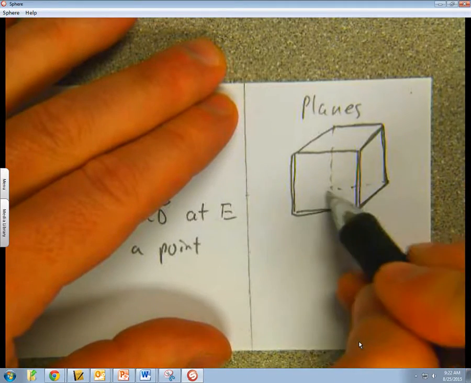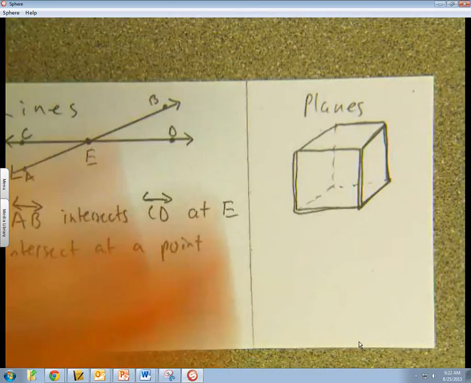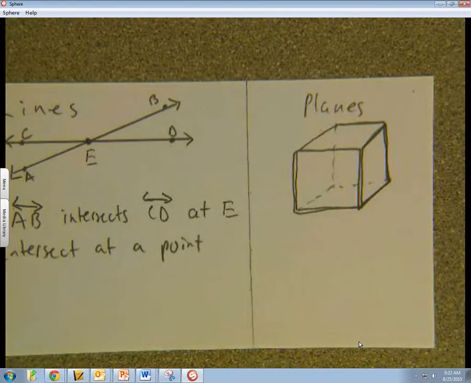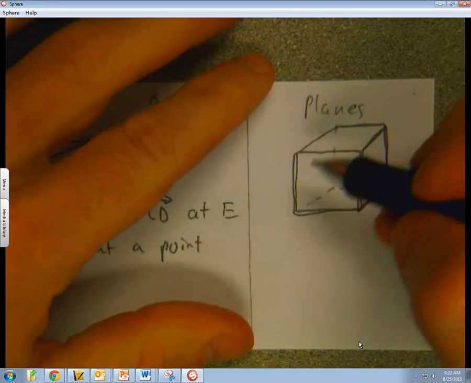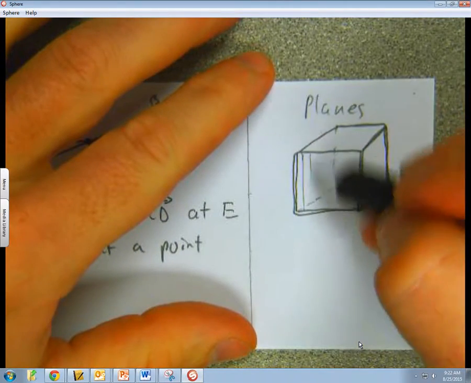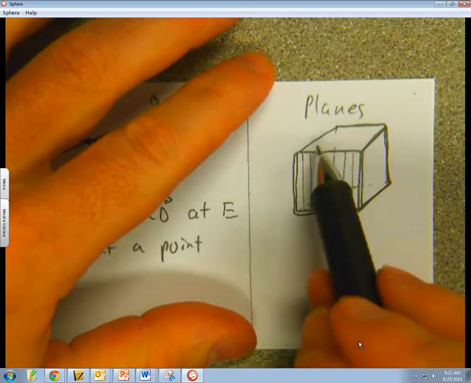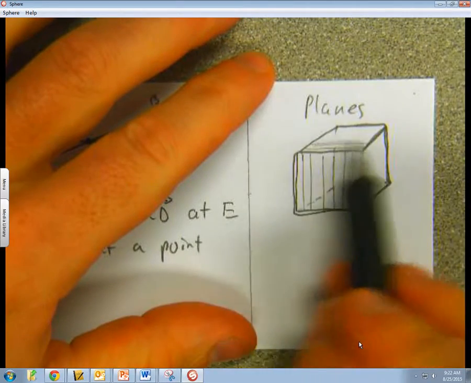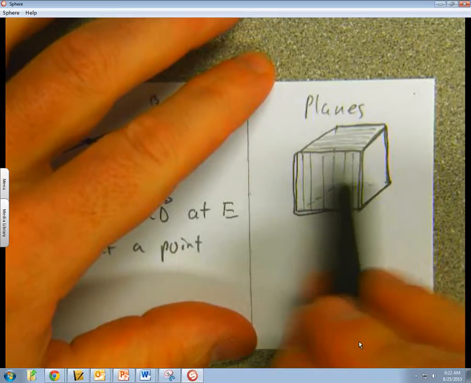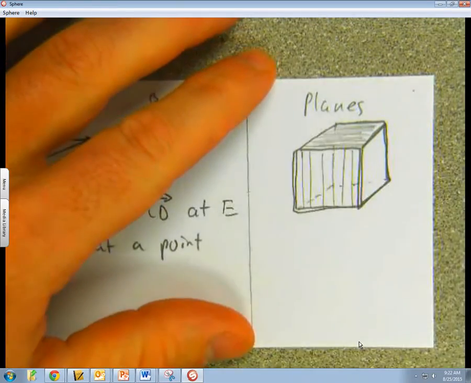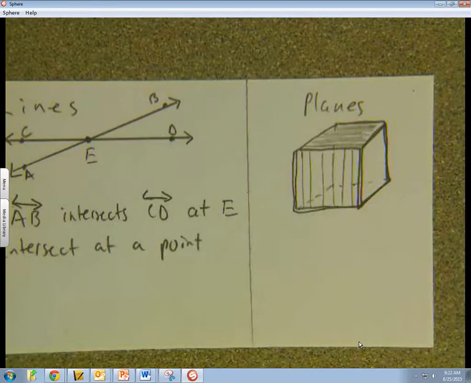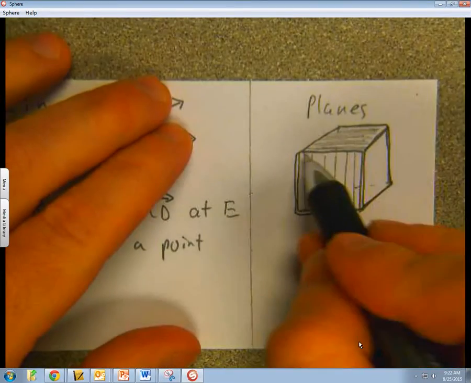And again, not perfect, not terrible. So intersecting planes. Let's say this is a plane in front, and this is a plane on top. I'm going to shade that in lightly so I can see where they are. Now those two are going to intersect, and they're going to intersect right here.